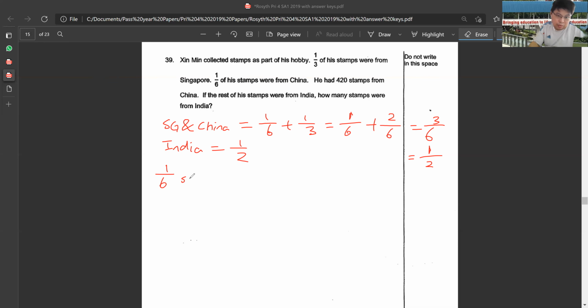Half is 3 over 6. Remember that's what we did here. So 1/6 of his stamps is 420. 3 over 6 of his stamps will be equal to how many?